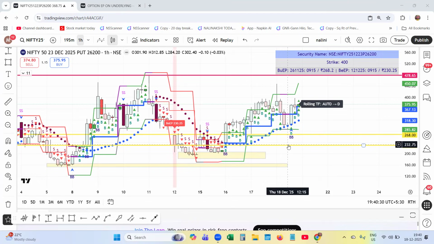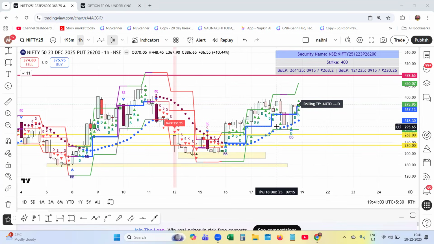So 4 to 5% in the underlying; in the option, you could have made a lot of money. It even suggests the strike price, but we can go for the underlying strike price, select it, and start tracking that. This is how, without tension, with confirmation, with the help of the option EP on the underlying, the direction will be clear.